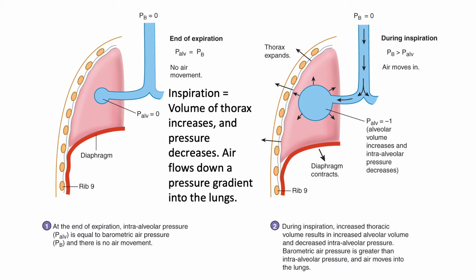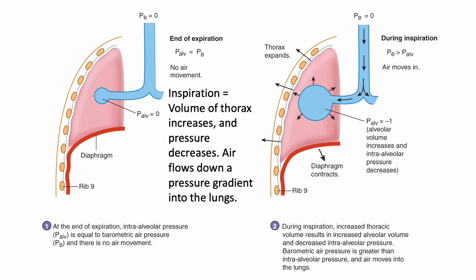Okay, so when you look at what's going on during inspiration and expiration, you start off on the left at end of expiration, so it just expired. For inspiration, to take a breath in, our diaphragm contracts, and in doing so, increases the volume of our thoracic cavity.